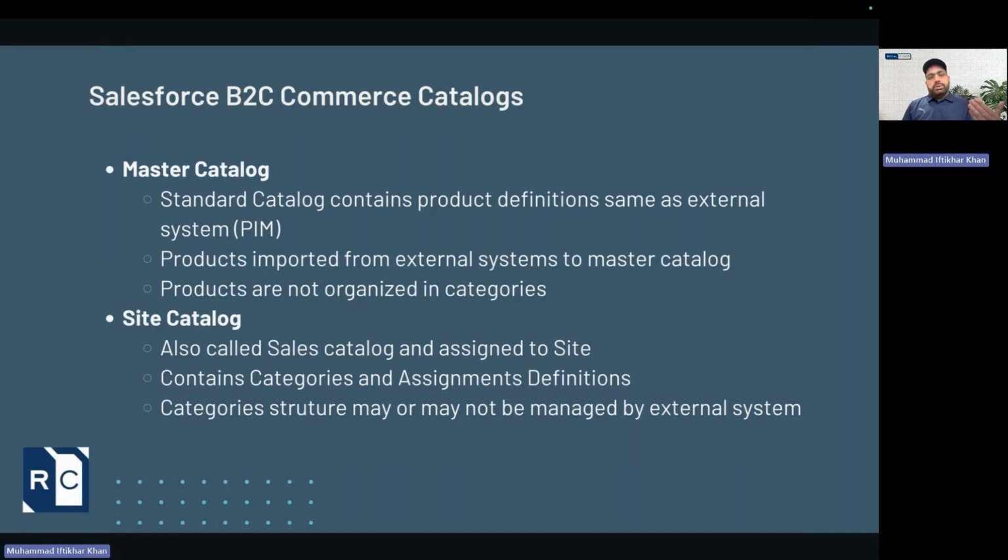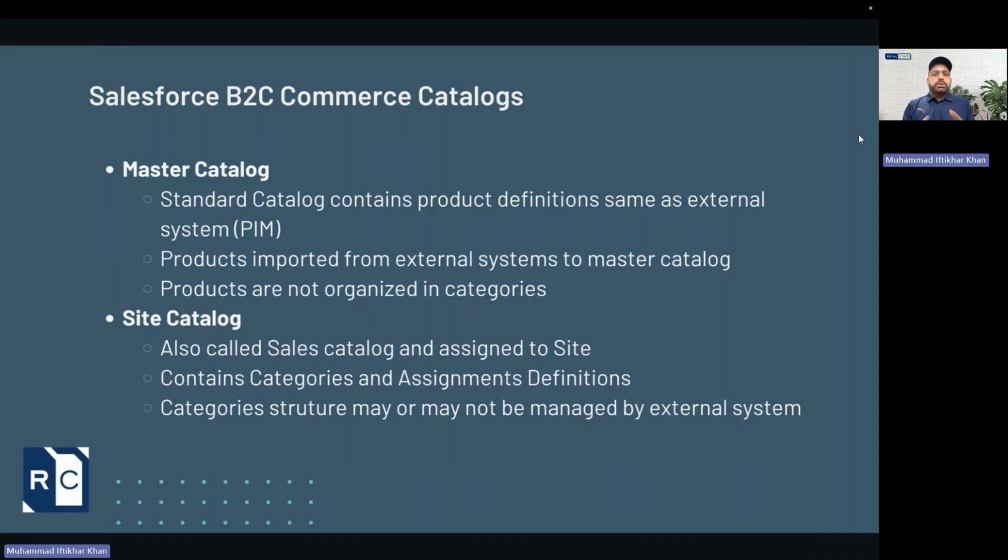So in summary, if I summarize this slide, the master catalog is where the product definitions reside primarily, and the site catalog is where the category definitions and the category assignments to the products reside, right?